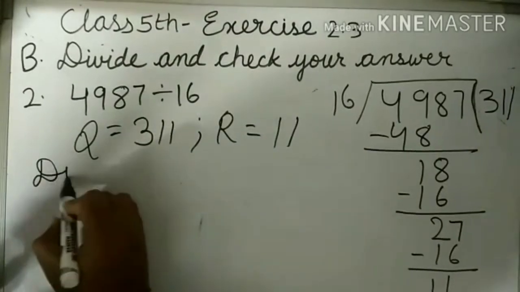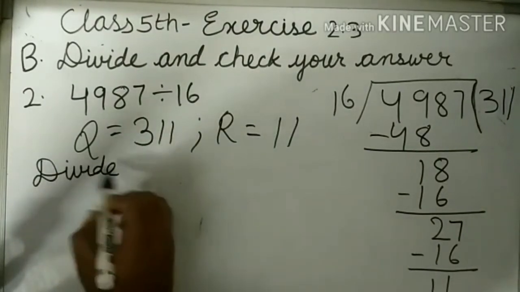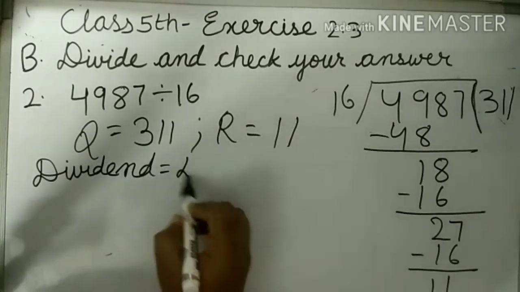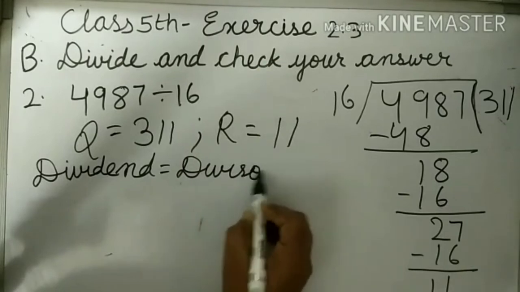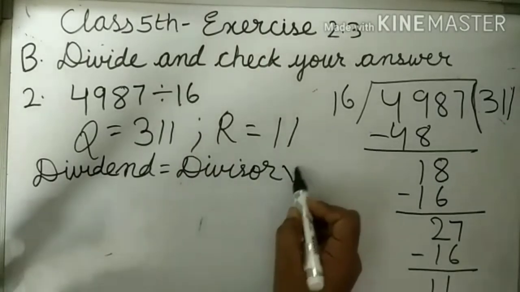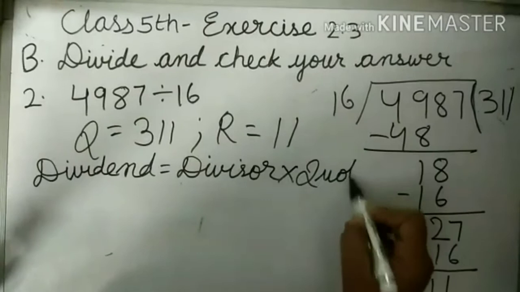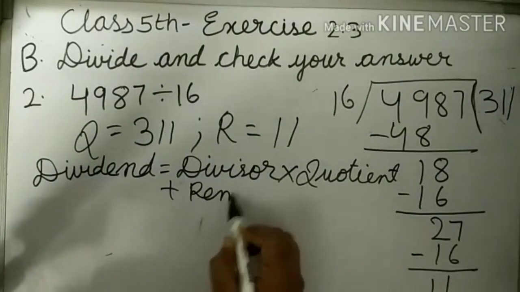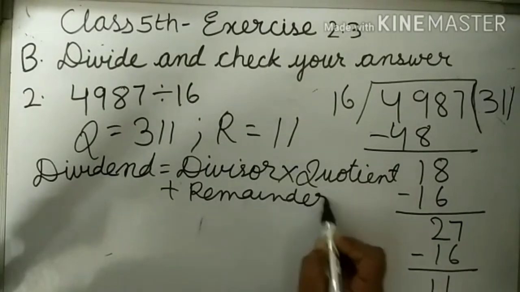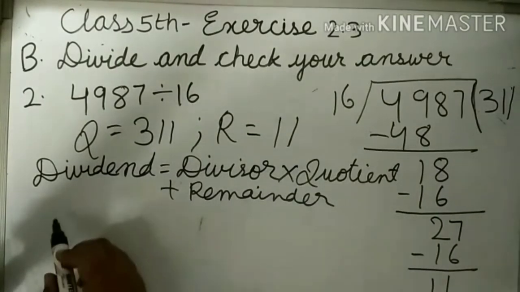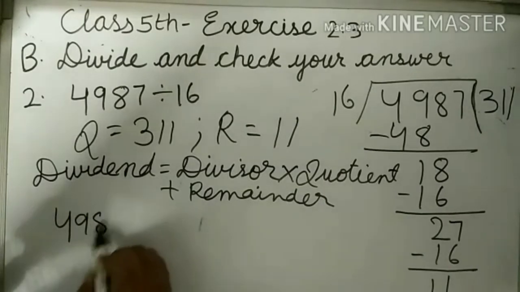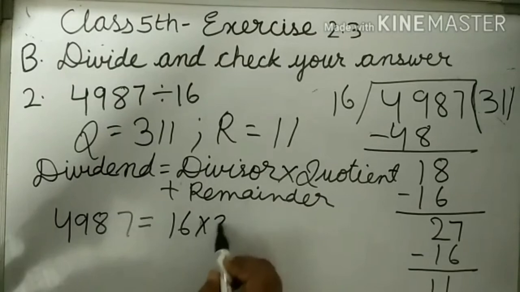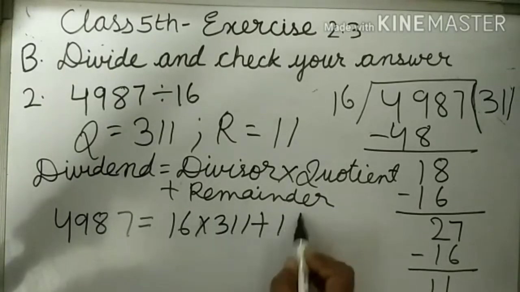Now again we write the division algorithm for checking. So dividend is equal to divisor into quotient plus remainder. So here dividend is 4987 is equal to 16 into 311 plus 11.